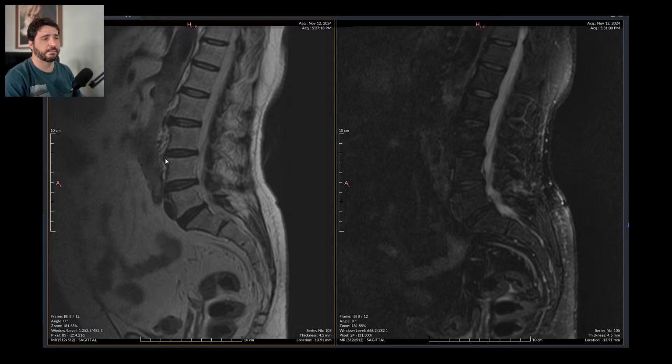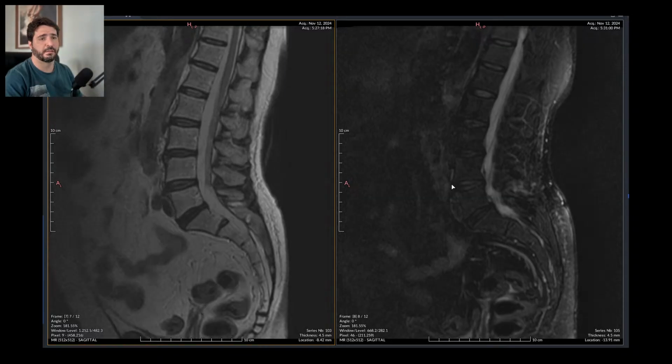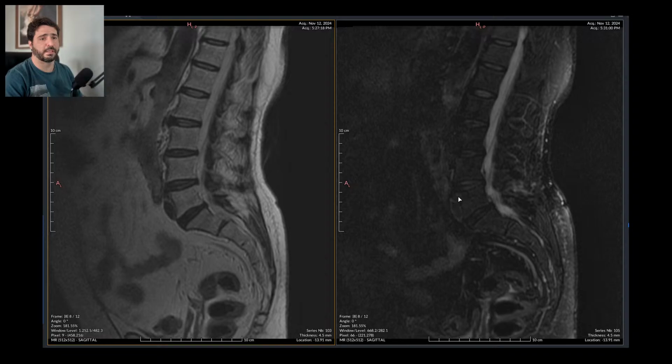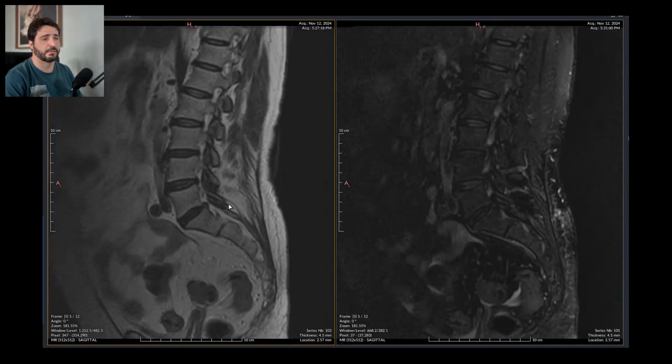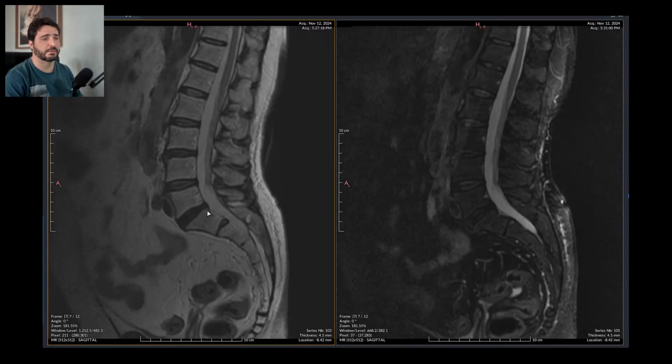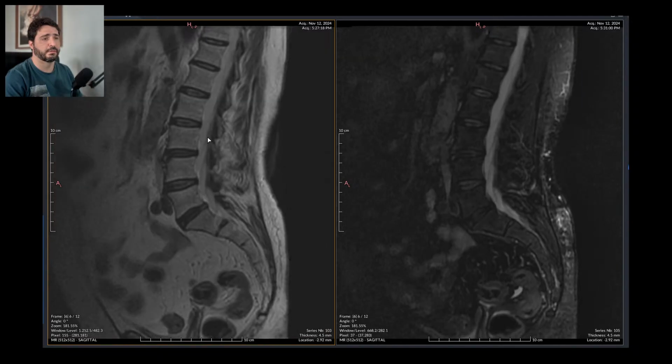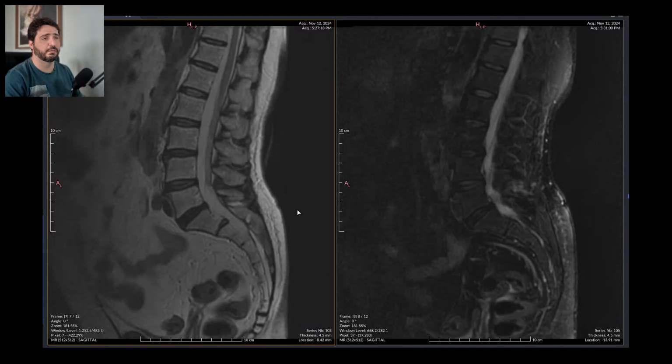There is some edema right there, some Modic 1 and 2 could be. There are mild protrusions. See, maybe an extrusion here. The field of view is too big, so resolution is quite low.